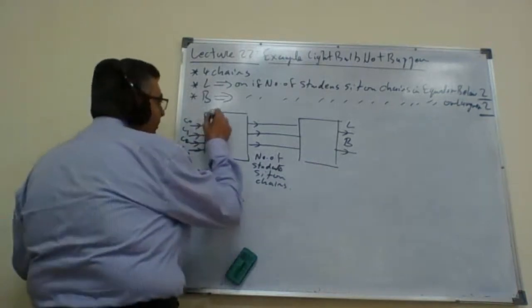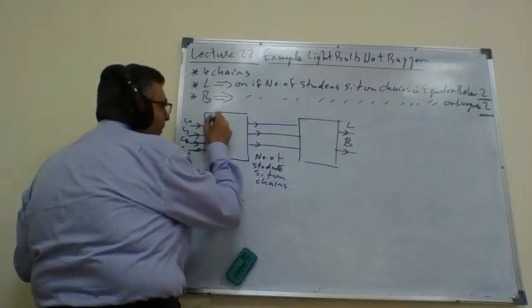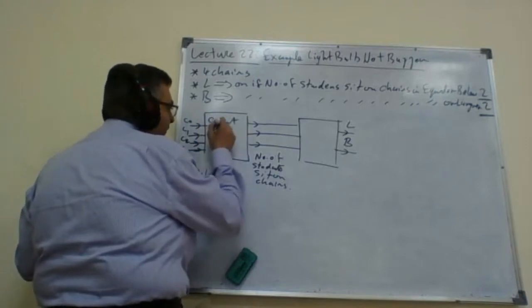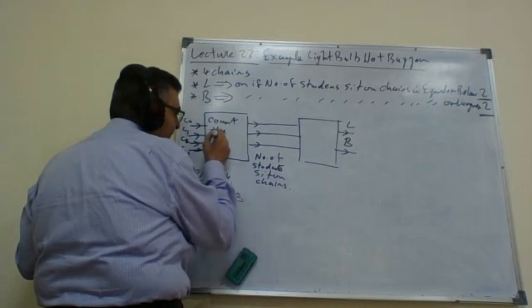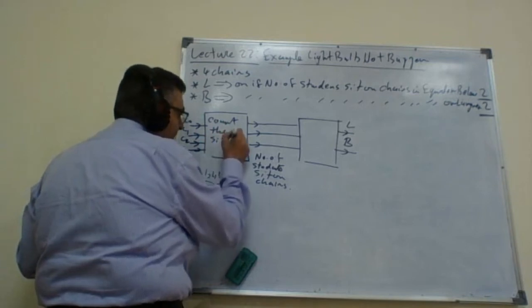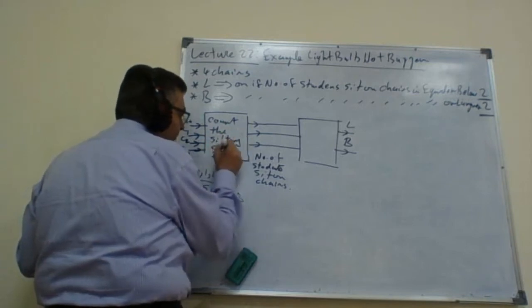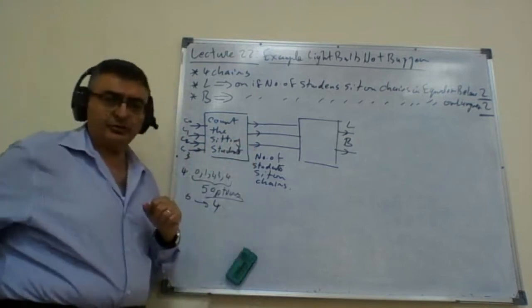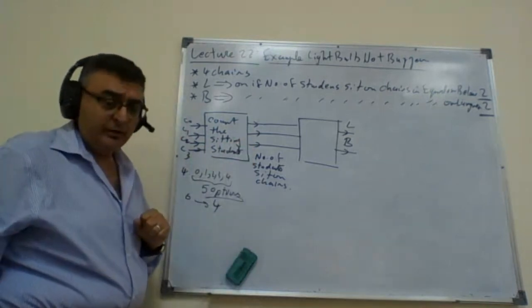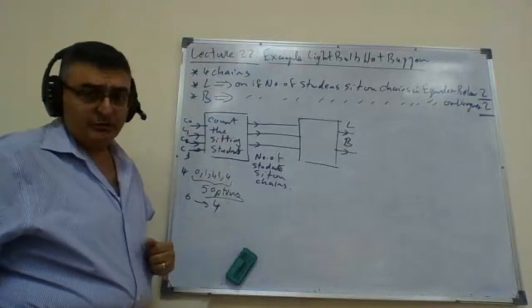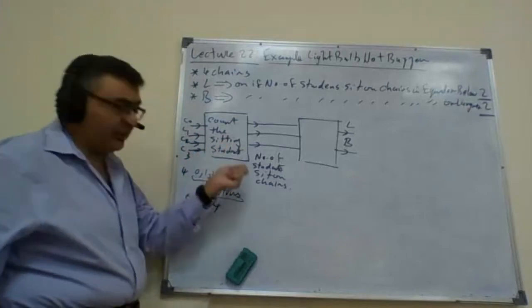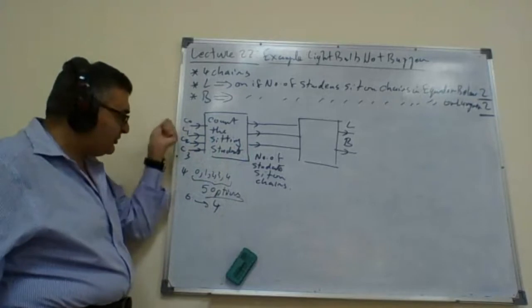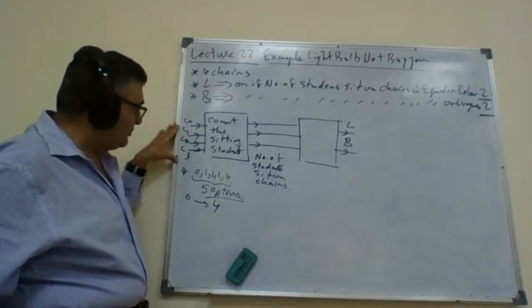This circuit counts the sitting students, which could be the name of this circuit. What is the output of this circuit? The output is a number that represents the number of students sitting on the chairs. These are the chairs themselves.